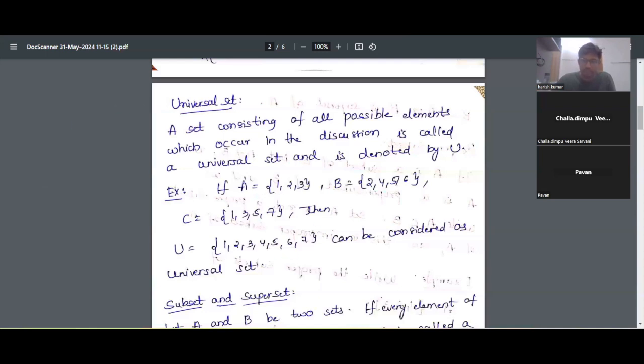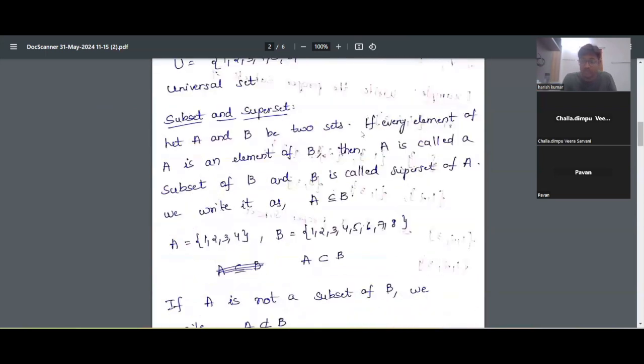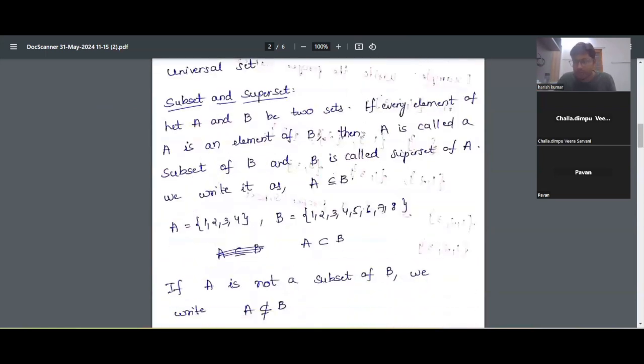So next we will move to something called subset and superset. Again, this is also very important. Now, what is a subset? Okay, if every element of A is an element of B. Okay, don't get confused with equal sets. In equal sets, the elements of both the sets must be the same, right?